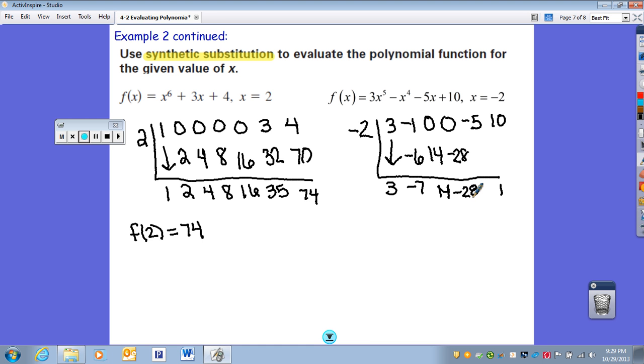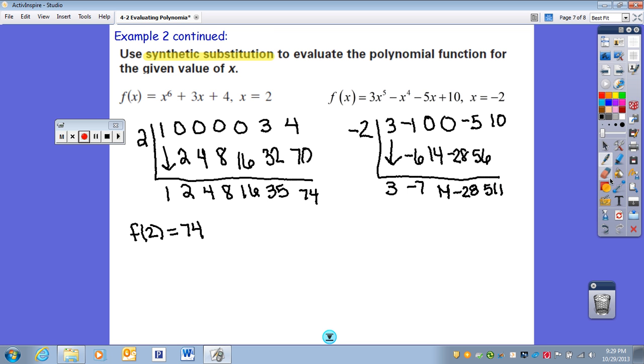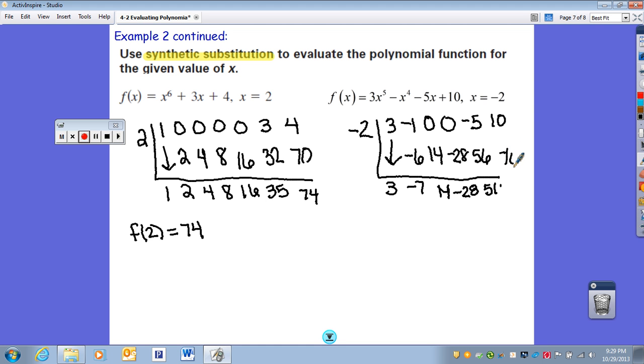Now I'm going to take -28 times -2, which will be 56, and I'm going to add the two together, which gives me 51. Then I'm going to multiply 51 times -2, and I get -102, and when I add the two together, I get -92.